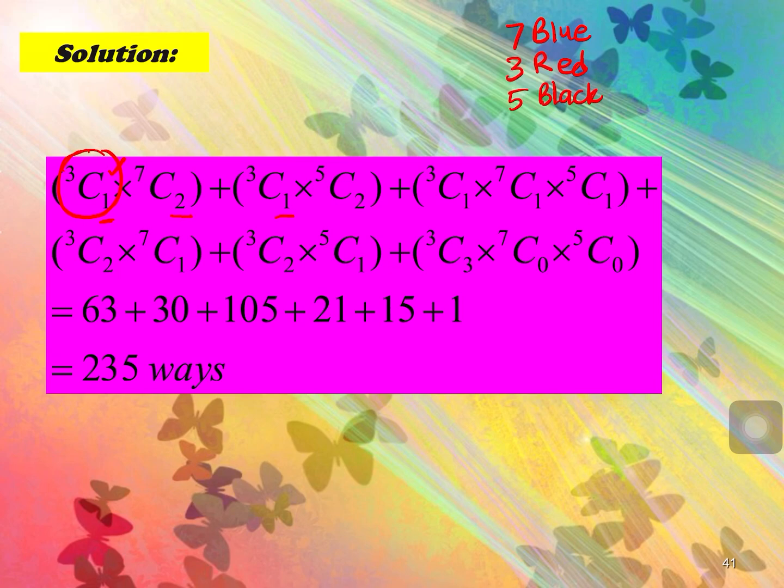And the next one is 1 red and both others blue, or 1 red and both of the other 2 t-shirts black, or only 1 red but of the other 2, 1 is blue and 1 is black, or both are red but 1 is blue, or both t-shirts are red and one is black, or all 3 t-shirts that he picked are only red.